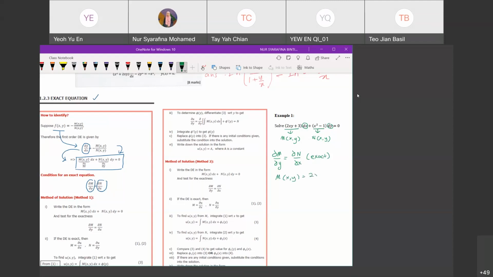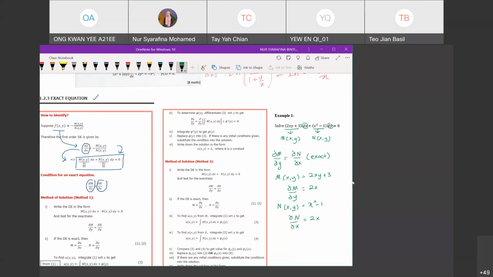So now we have M equals 2xy plus 3. Differentiating M with respect to y, del M over del y, we will have what? 2x. And then we have N equals x squared minus 1, and we differentiate N with respect to x, we have 2x.